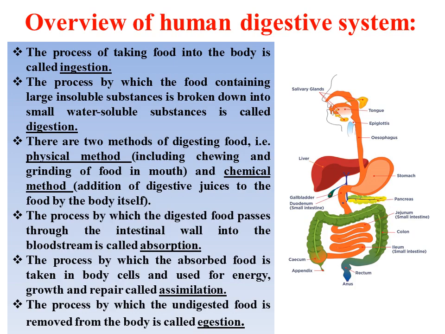Next comes absorption. What is absorption? Just understand it properly. It is the process by which the digested food passes through the intestinal wall into the bloodstream. As you know, from the stomach, you can see in the picture, the food passes into the small intestine, and the intestinal wall possesses small villi that I discussed in the previous class.